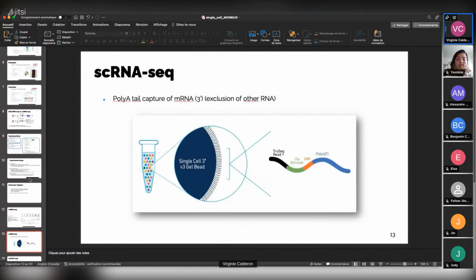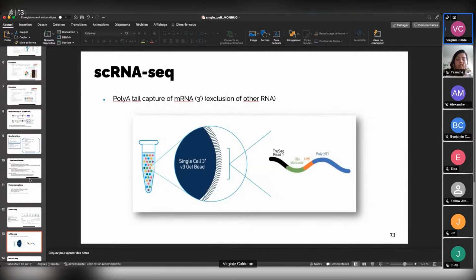So the principle of a single-cell experiment, in the case of RNA-seq with the Chromium, is to use beads that have at the surface, sorry, a barcode that is unique. All the beads have a different barcode. I don't remember the number, but it's billions of barcodes possible.